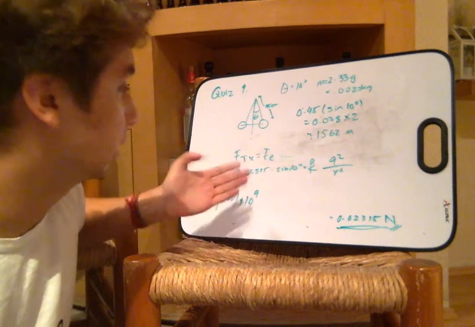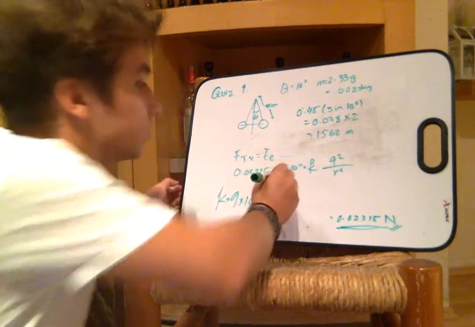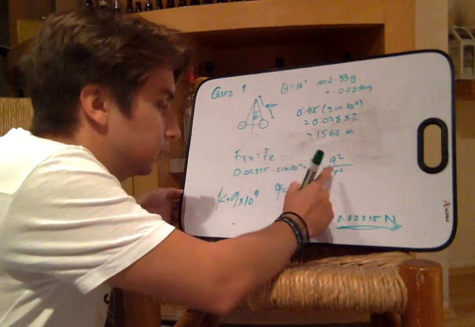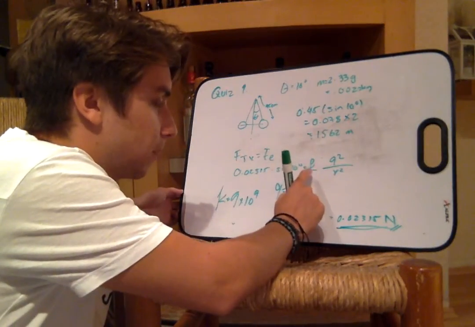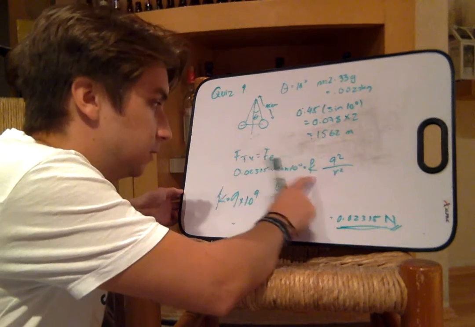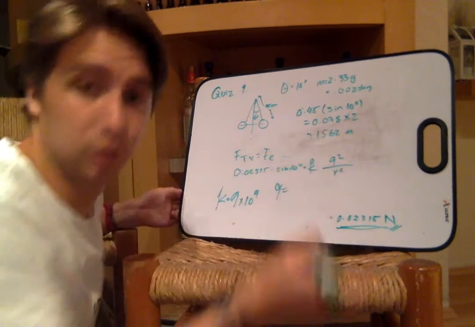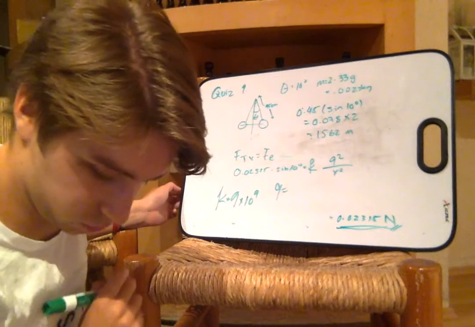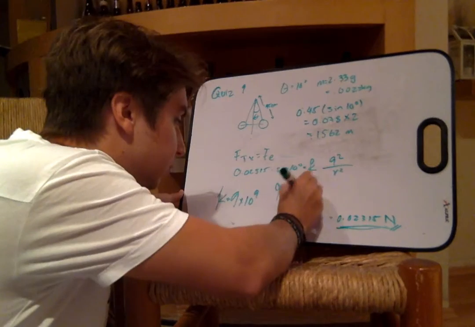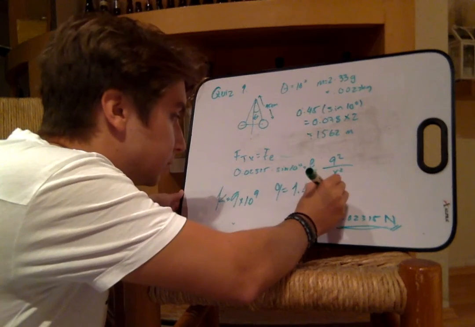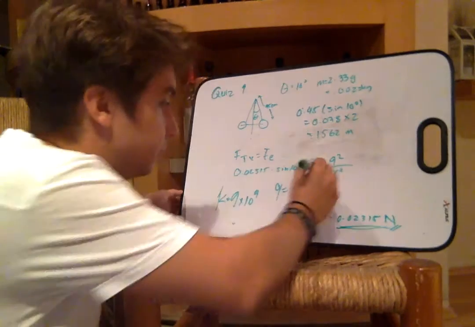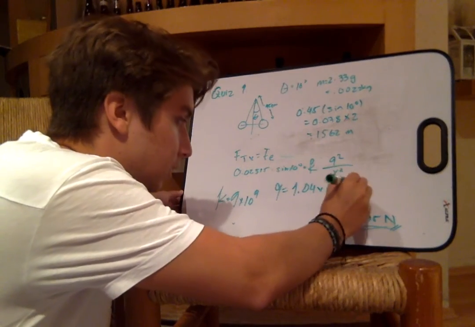Then if we solve that, passing this dividing and this multiplying, and taking the square root of everything that goes over there, we would have 1.04 times 10 to the minus 7 coulomb.